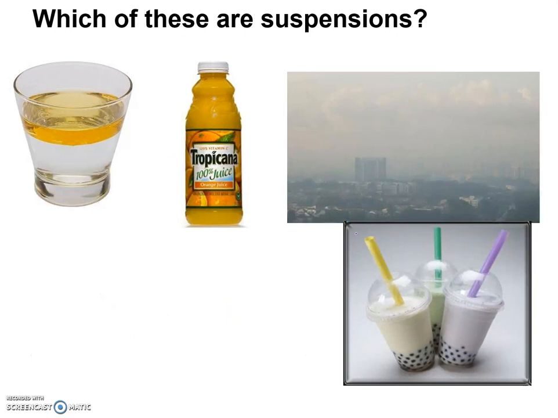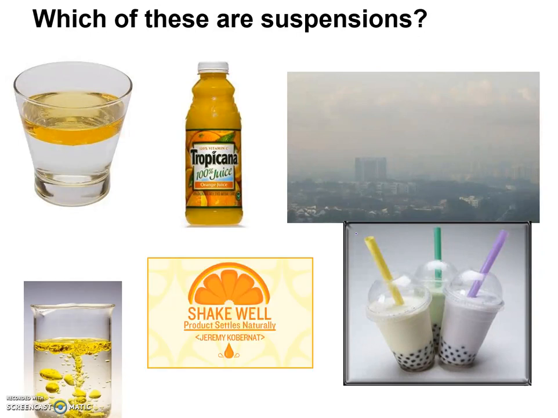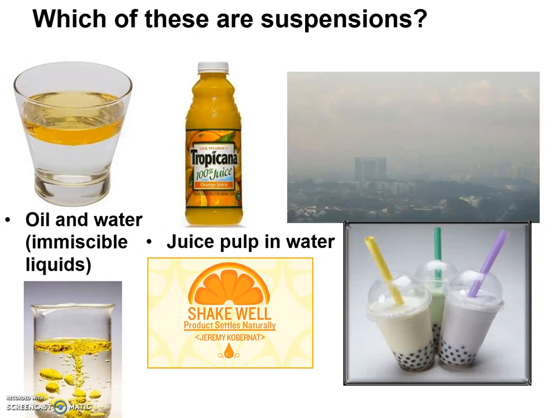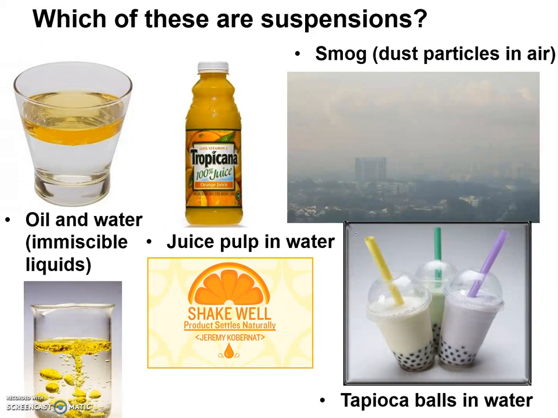Another quiz. Which of these are suspensions? All in water: orange juice with orange pulp, smog, and bubble tea. Now all of the above are suspensions. I think you realize that juice pulp definitely doesn't dissolve in water, neither do the tapioca balls.